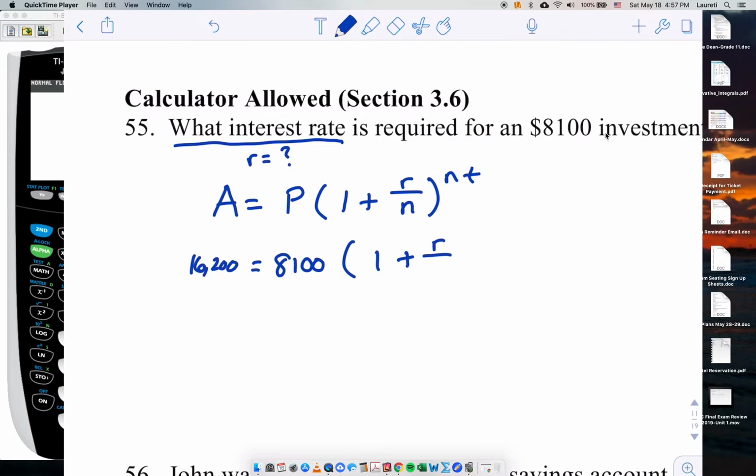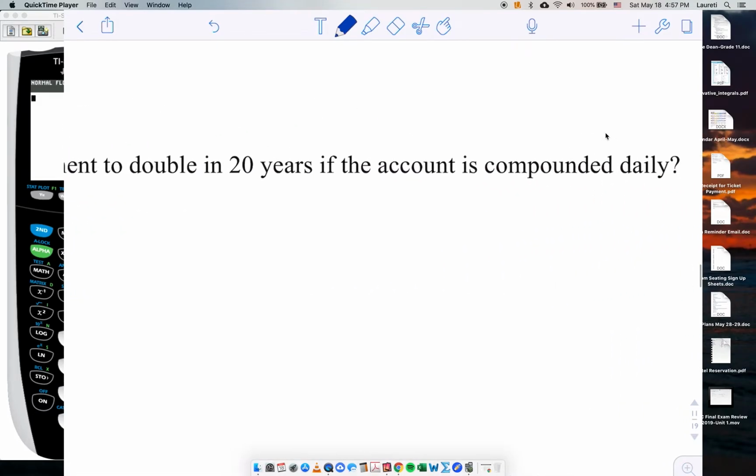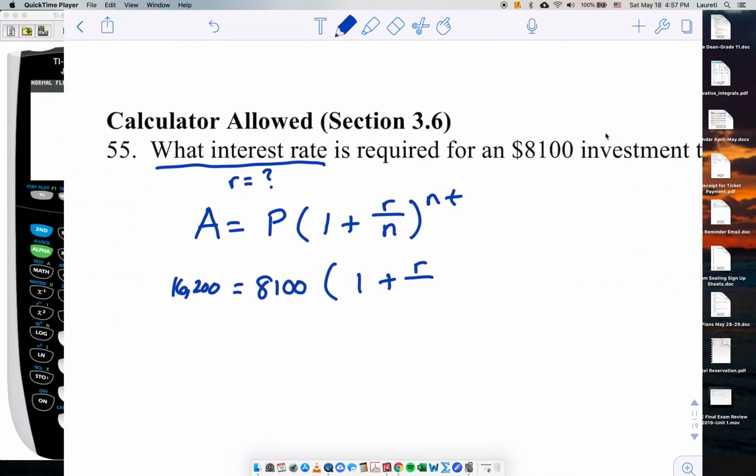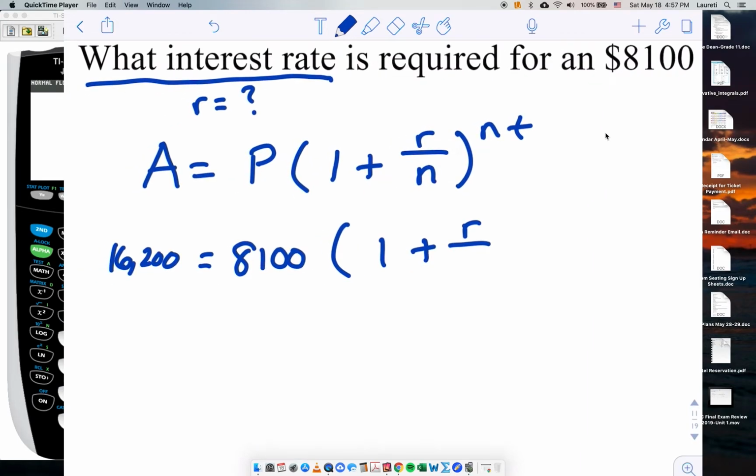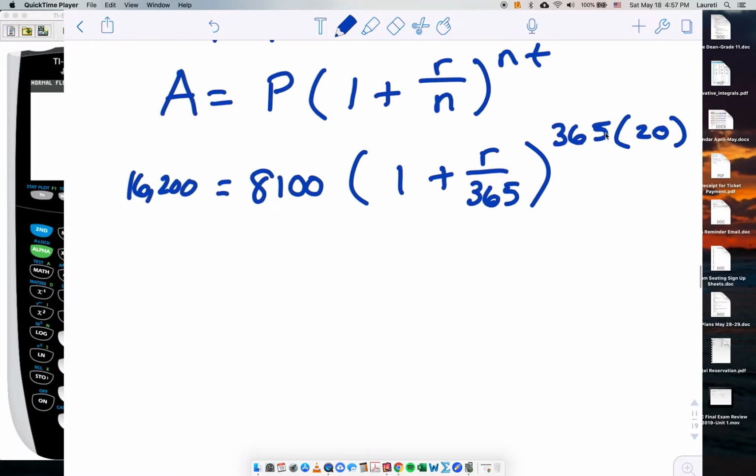If something is compounded daily, that's 365 times, and I want to do that in 20 years.